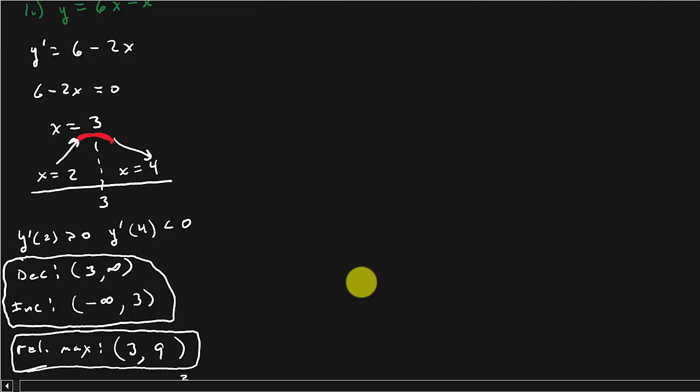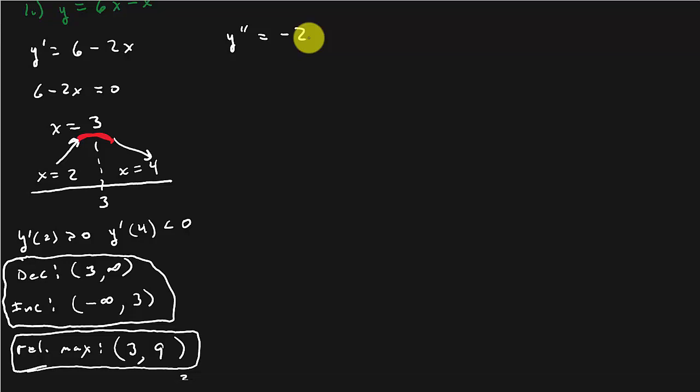Now I've got to determine concavity, and so I need the second derivative for that. There's the first derivative. The second derivative is just -2. Well, look at this. We don't have an x in there. We can't set that equal to 0 and solve for anything.